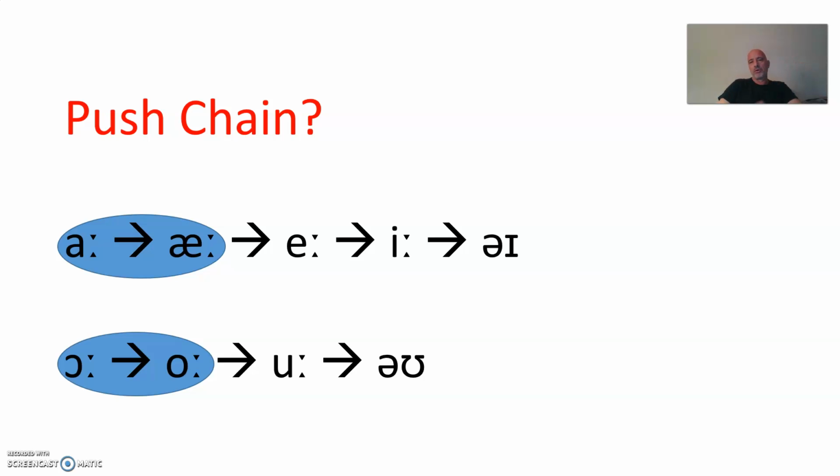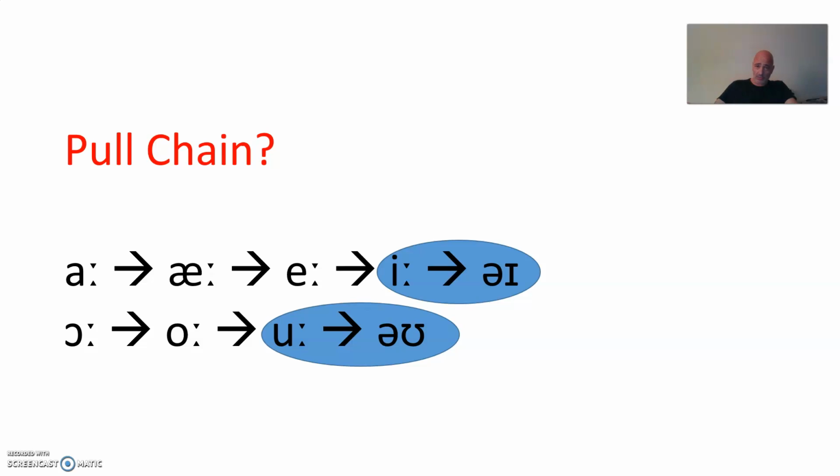If it were a push chain, it would have started at the bottom, and that vowel pushes the next one away, and so on, and the last one cannot be pushed further away and is diphthongized. The same on the velar side. This would be a push chain.